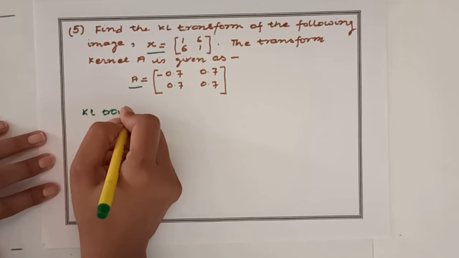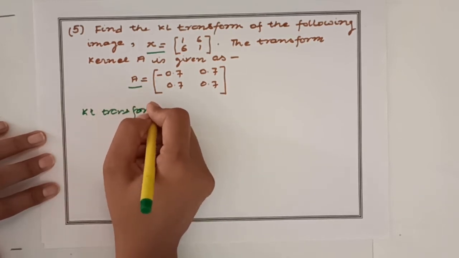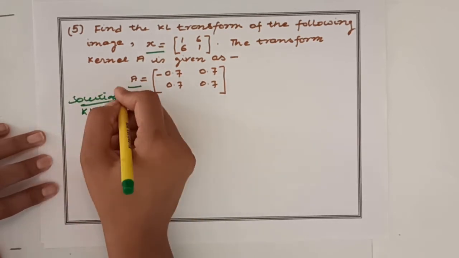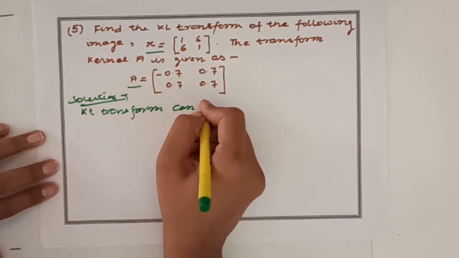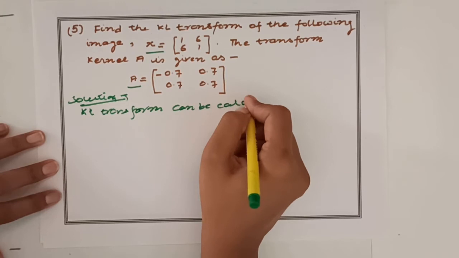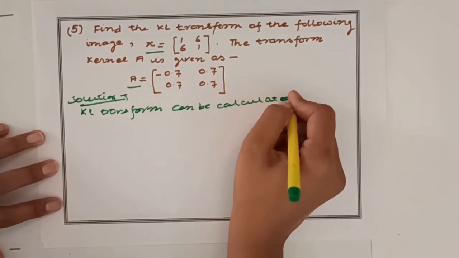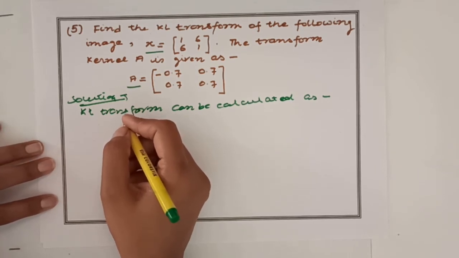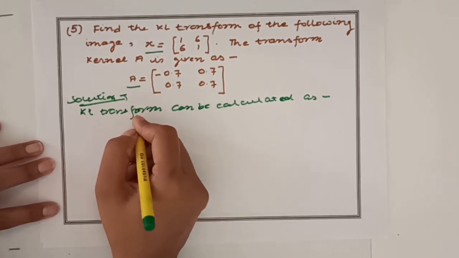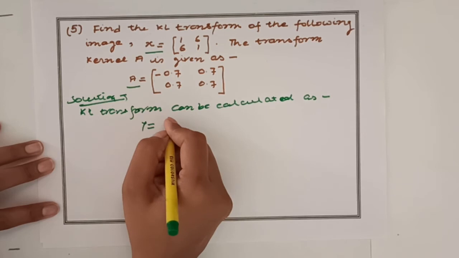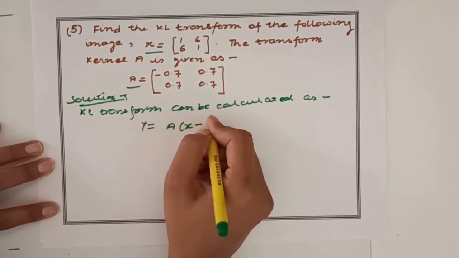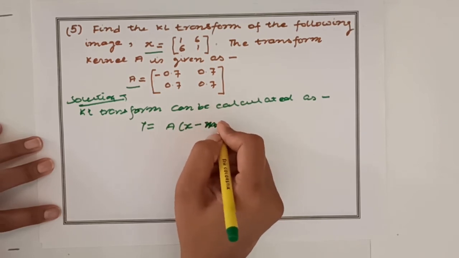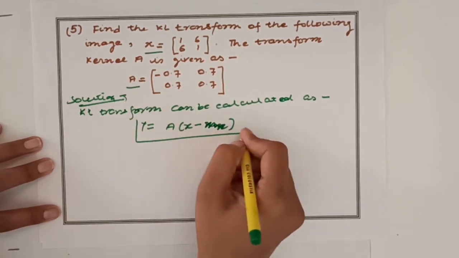KL transform can be calculated as y is A of x minus mx.